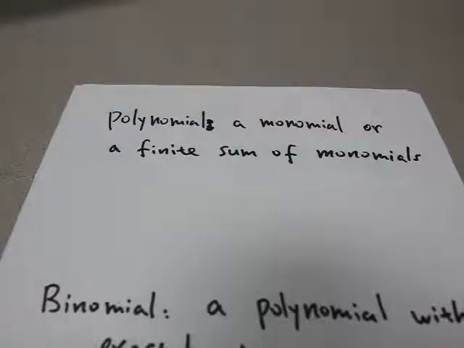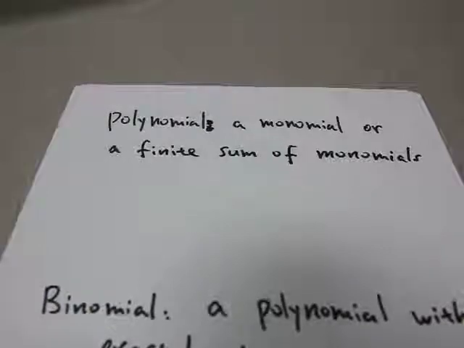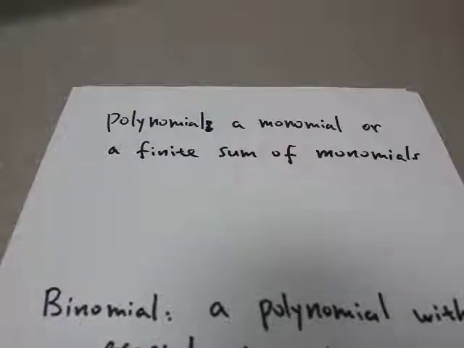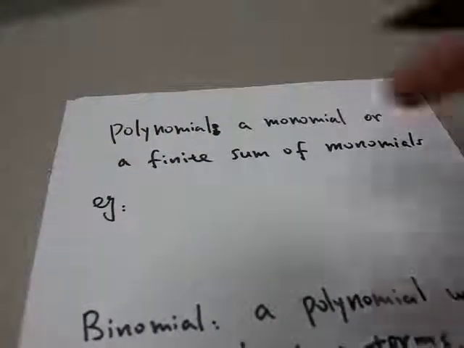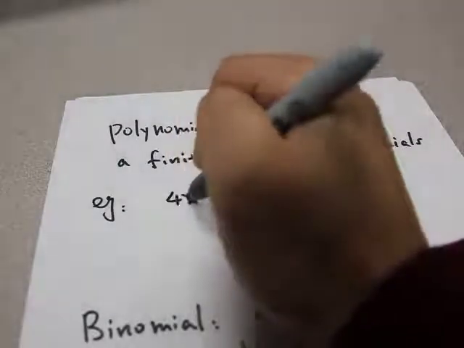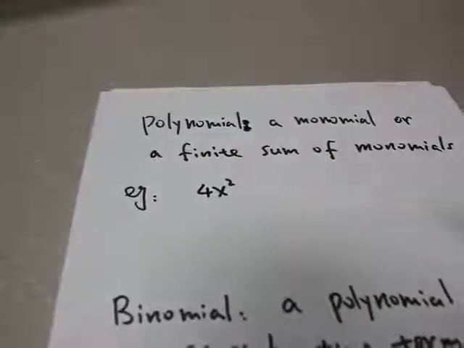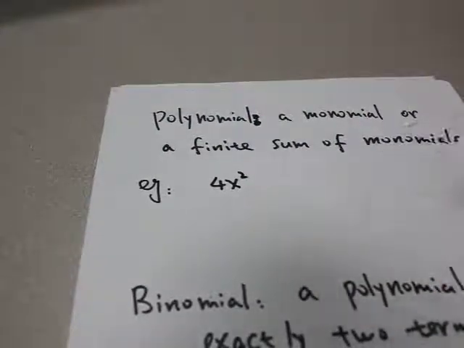Okay, now let's look at the definition of a polynomial. A polynomial is a monomial, or is a finite sum of monomials. So if I have only one monomial, we can also say this is a polynomial.